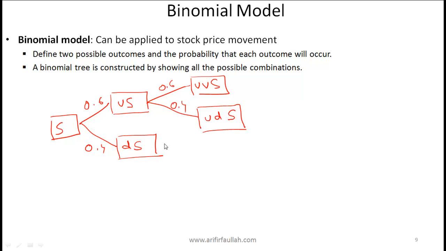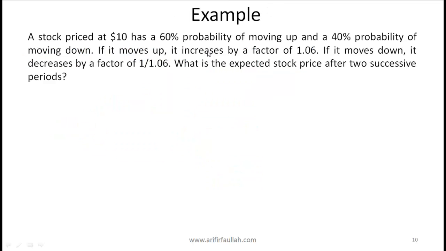Here we'll have going up probability 0.6, going down probability 0.4, d d s, and so on. So we can just keep going with this experiment, but this is simply an example of a binomial model applied to stock price movement.